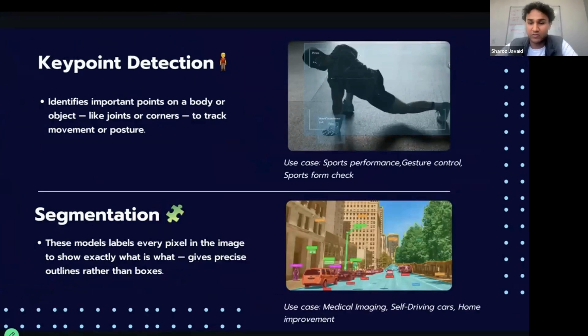Next, we have key point detection models. These models identify important points on bodies or objects, like joints or corners, and you can use these models to do tons of things from sports tracking to gesture control. And finally, we have segmentation models.